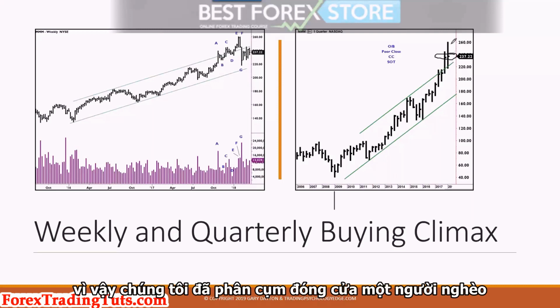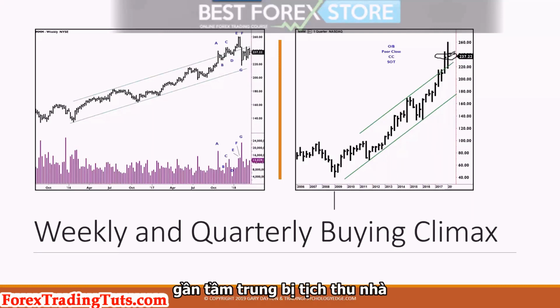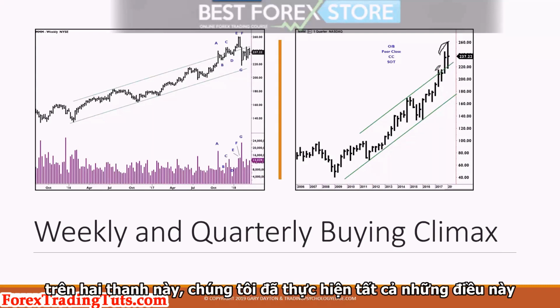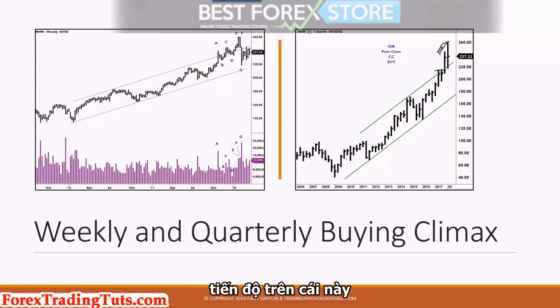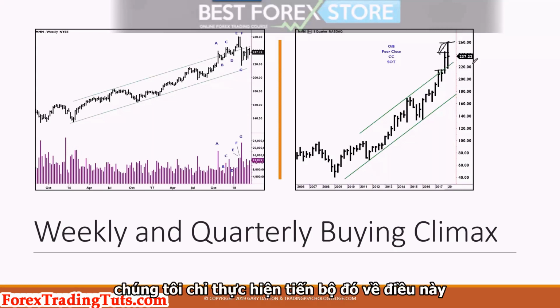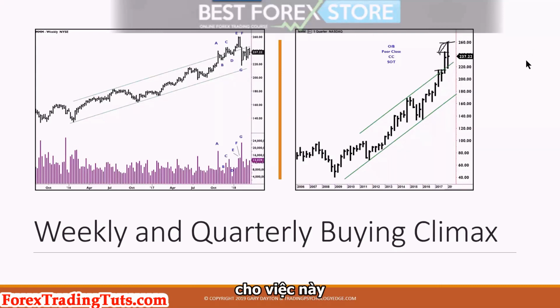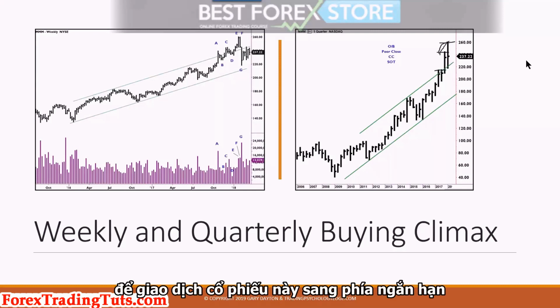So we have clustering of closes, a poor mid-range close, which is a poor close. It's overbought beyond the confines of the supply line in the trend channel. We're also getting shortening of the thrust right in here on these 2 bars. We made all this progress on this one, we make only that progress on this one. Okay, there's a good Wyckoff story brewing here for trading this stock to the short side.